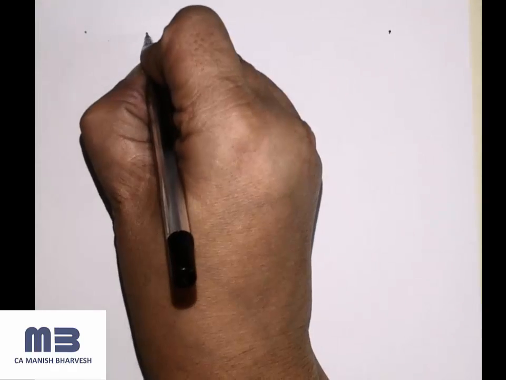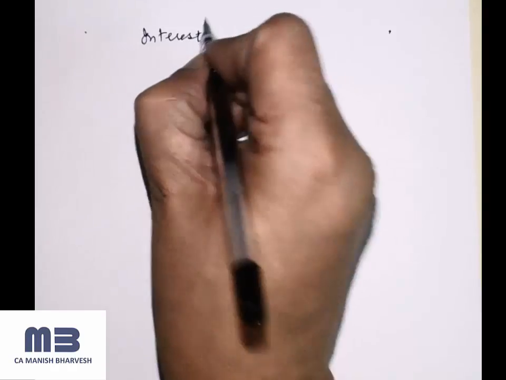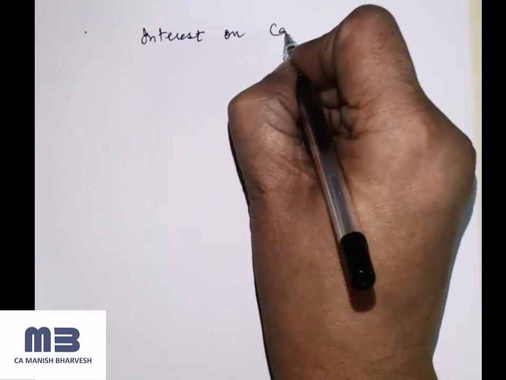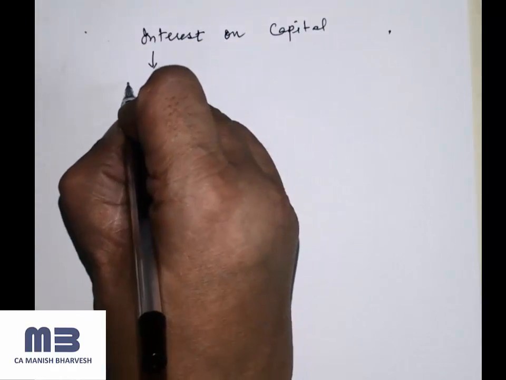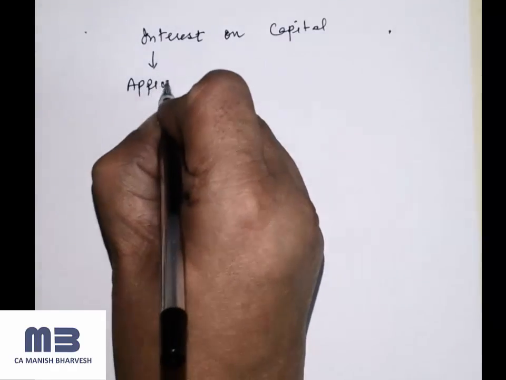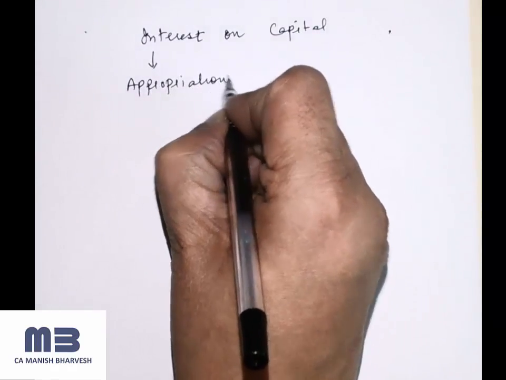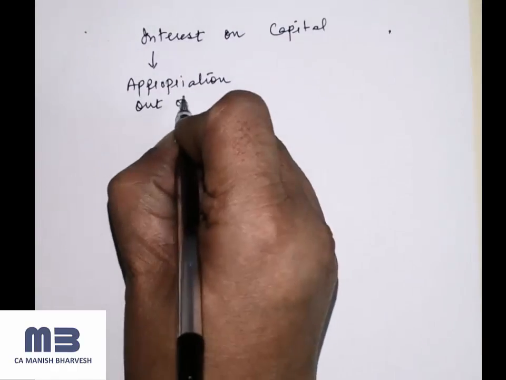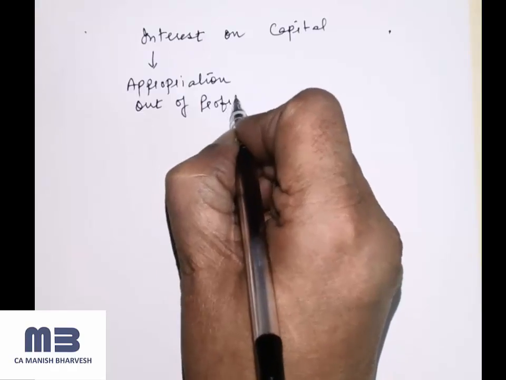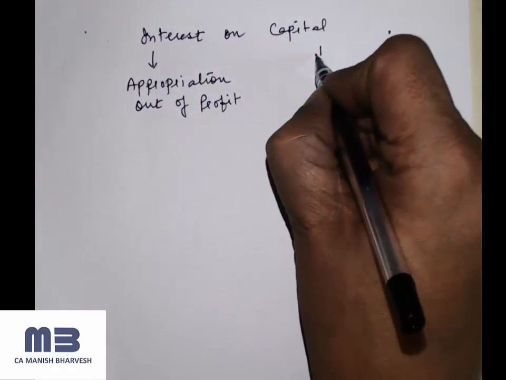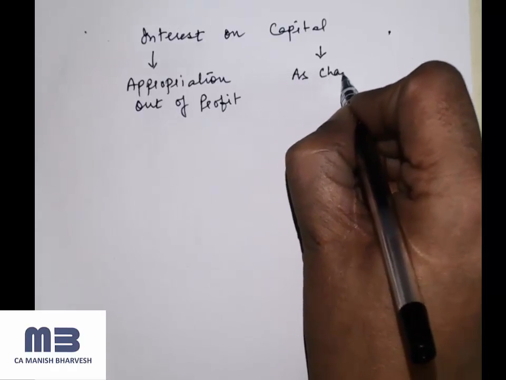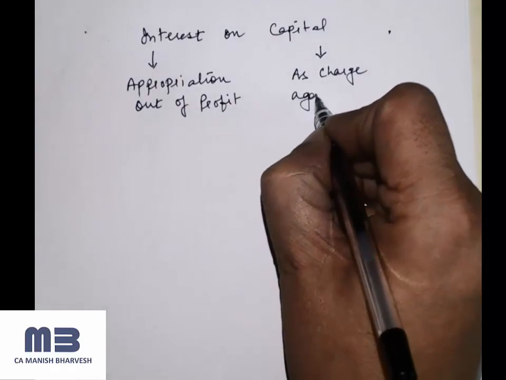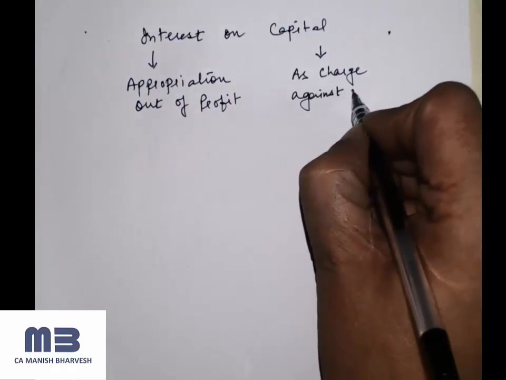Now we have to discuss the treatment of interest on capital. Interest on capital can be treated as an appropriation out of profit, or as a charge against profit.